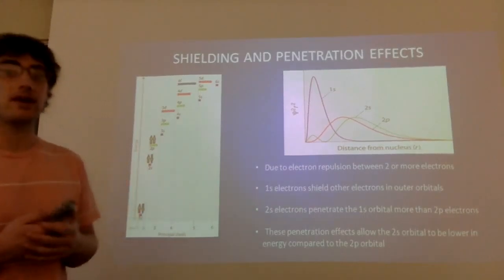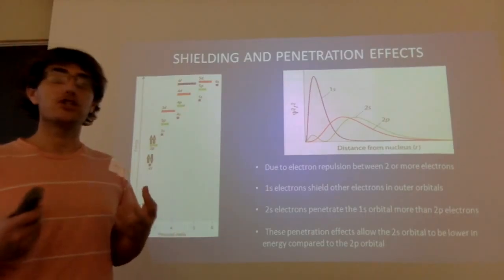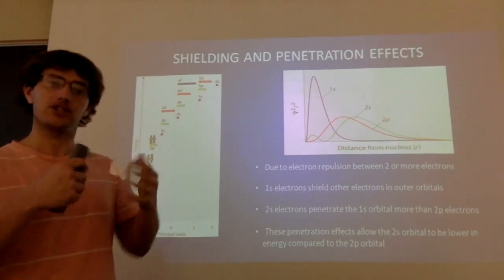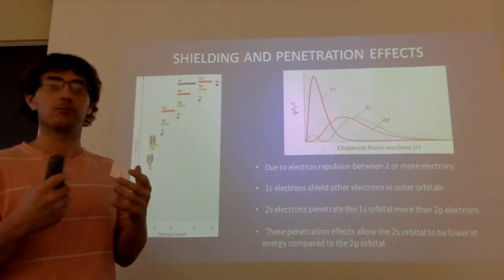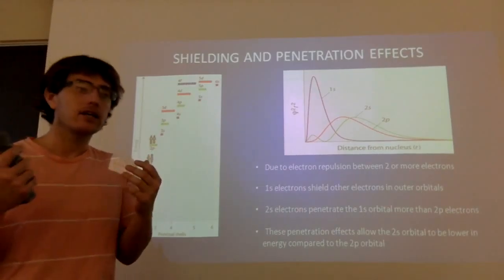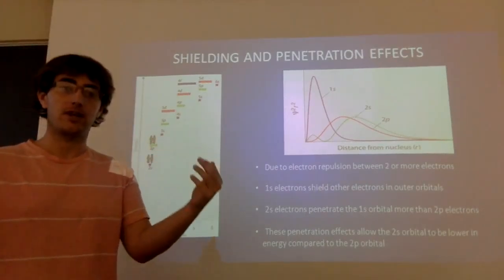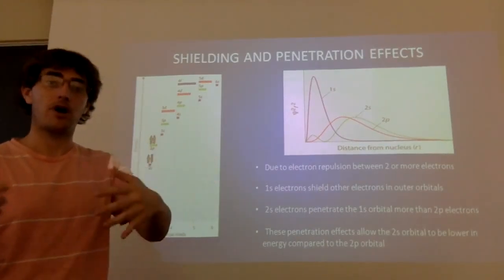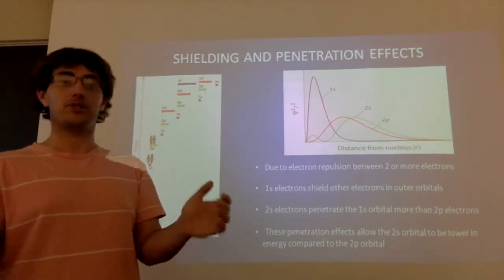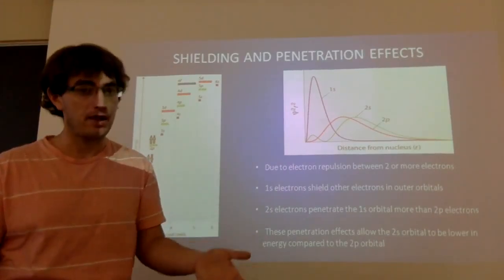One thing we say about this orbital is that, since there are other electrons in the system, it has the ability to shield, or partially block, the electrostatic attraction between the nucleus and other electrons in the outer shells, a potential that otherwise would have been felt fully if they weren't there.